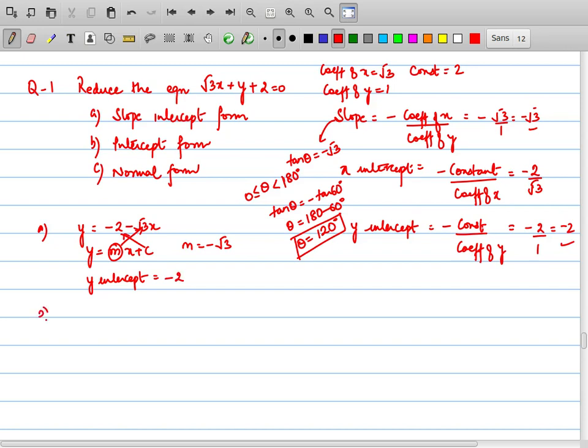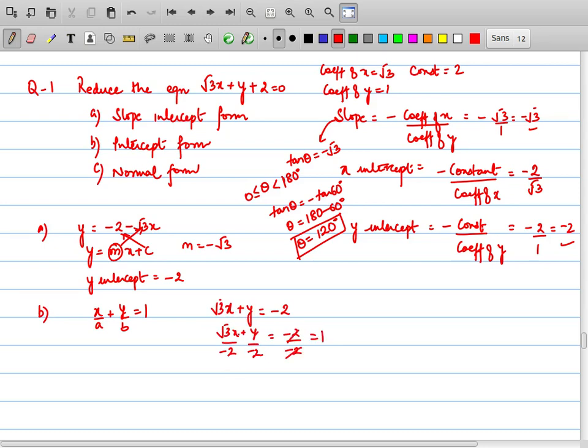Now, for intercept form, the form we are looking for is x upon a plus y upon b is 1. Therefore, we have to convert the equation in this form, and for this what we had learnt is we have to make the right hand side or the constant part 1. Therefore, root 3x plus y, will take 2 to the right hand side and divide the whole equation by minus 2, so that our right hand side becomes positive 1.